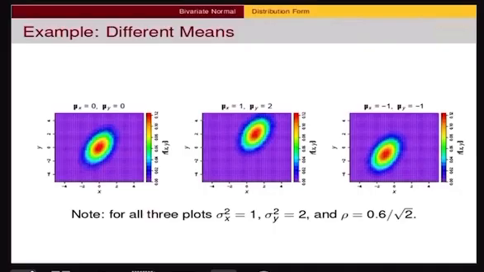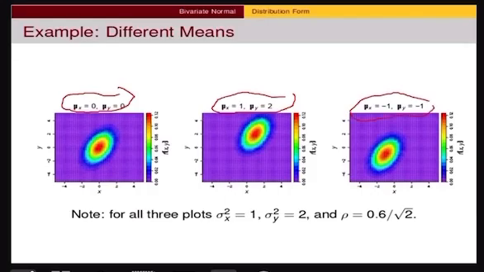When the two means are equal to 0, how is the 2D density plot going to look? When the mean of x is 1 and the mean of y is 2, how is it going to look? Then when each mean is -1, -1.